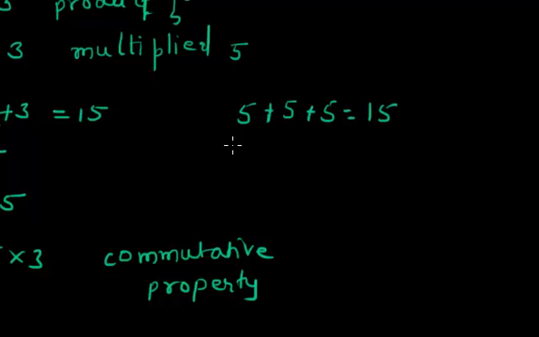Now we'll see how to multiply two-digit numbers. To see the multiplication of two-digit numbers, suppose we have 23 times 42. I need to multiply these two values.